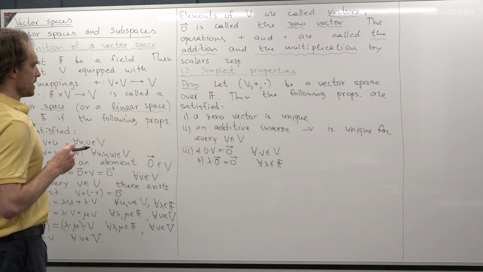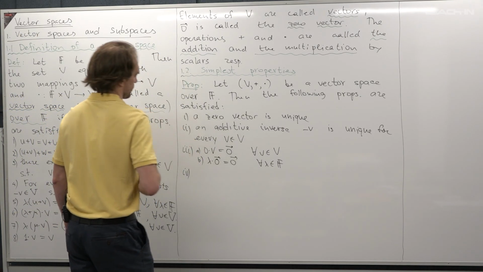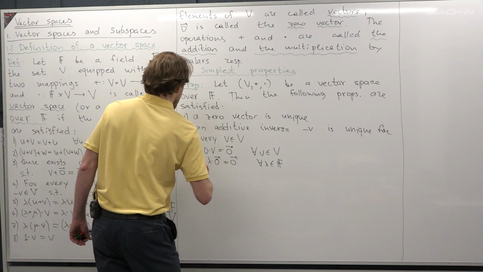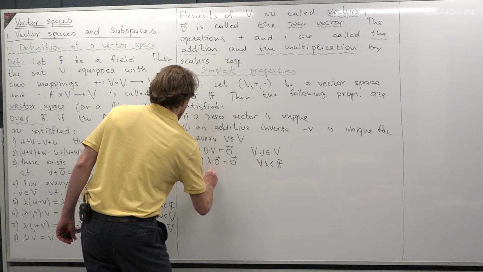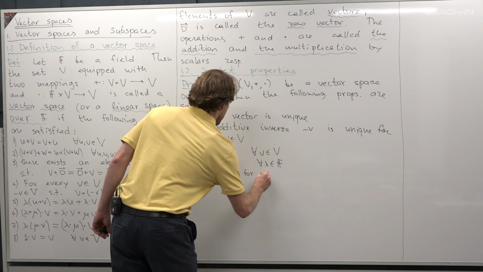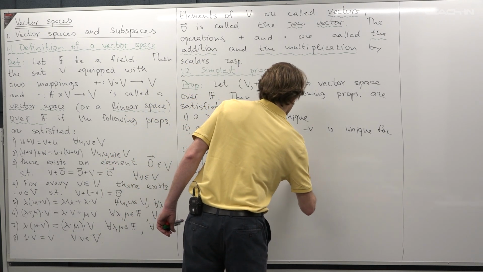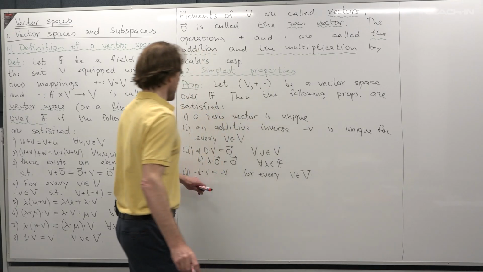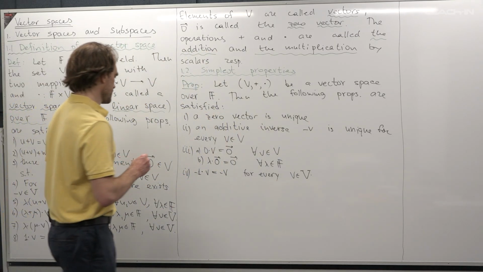So this is the third property. Then the fourth property, that minus 1 multiplied by V equals minus V for every V from V capital. Here minus 1 is the additive inverse in the field.